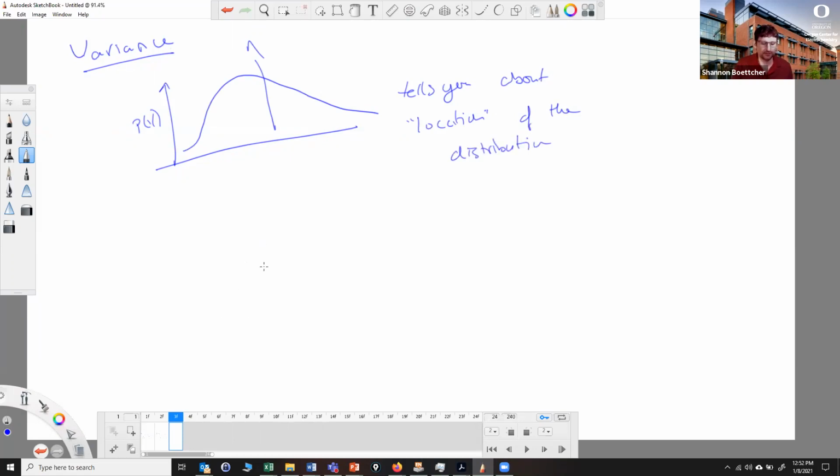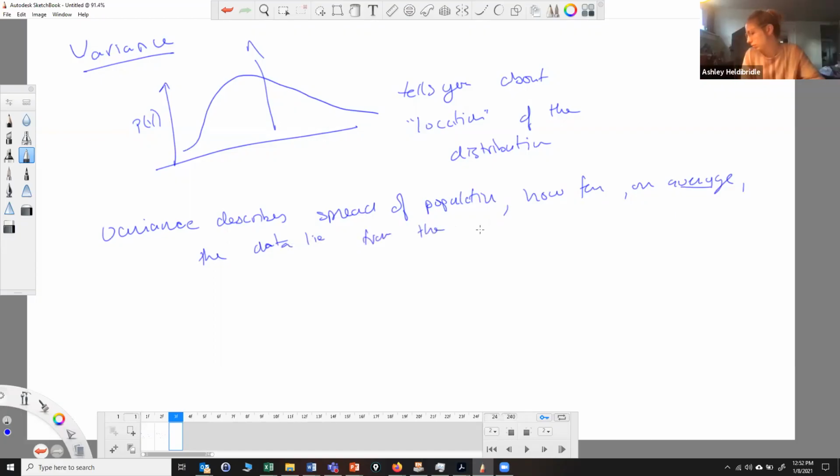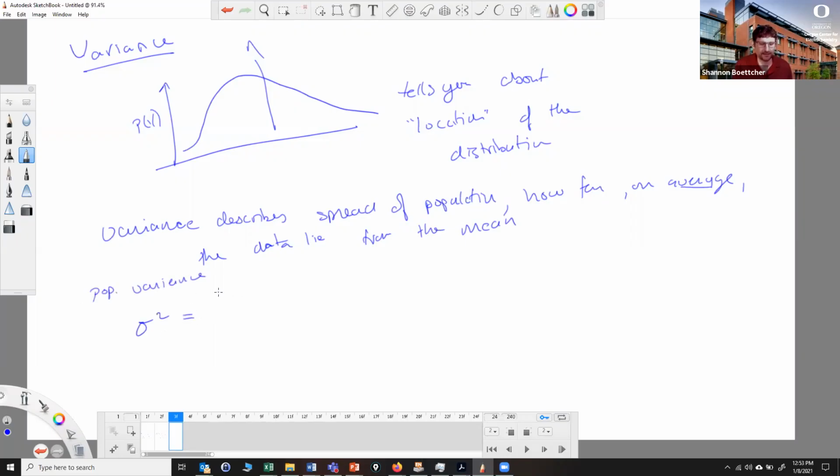Another way to say this is the variance describes the spread of the population, how far on average the data lie from the mean. So the population variance is going to be sigma squared, and that's mathematically the sum of every single point compared to the mean, squared, over the total number of samples n.